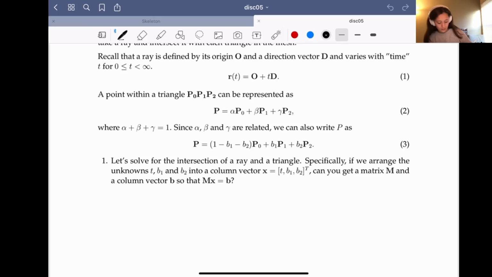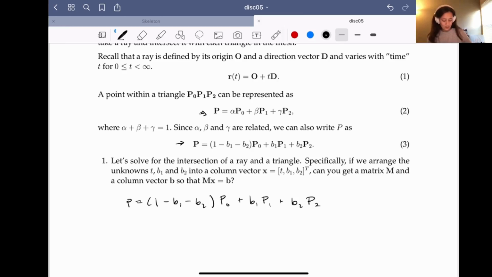So we have our equation for a triangle. We're going to use this one here since these are the same but rearranged. So we have p equals (1 minus b1 minus b2) p0 plus b1 p1 plus b2 p2.